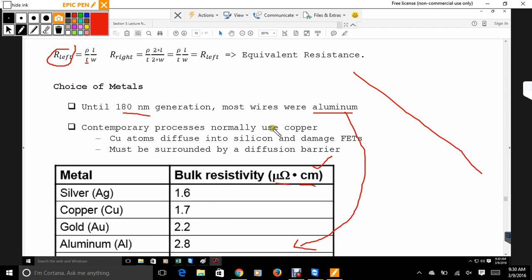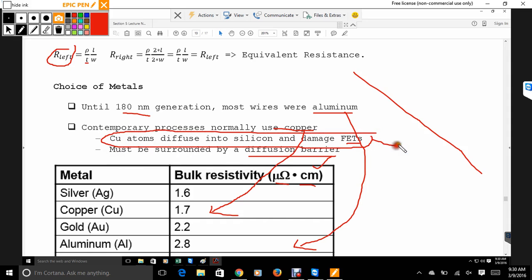However, they typically use copper. We need a diffusion barrier because copper tends to diffuse into silicon and damage FinFETs, because we don't want these actually going into the transistor itself.